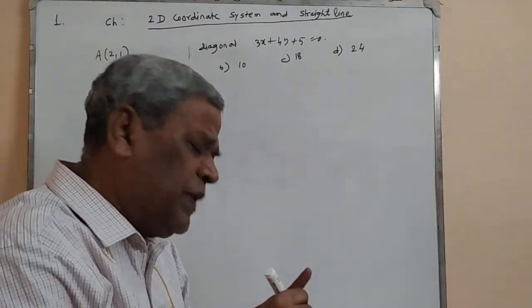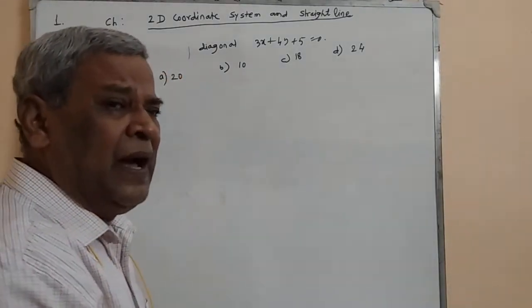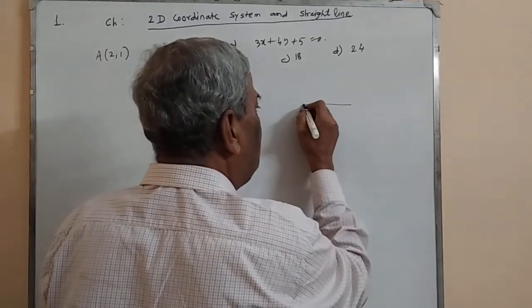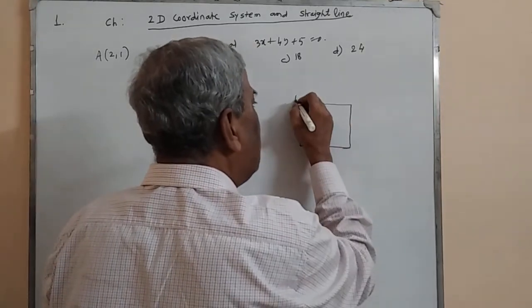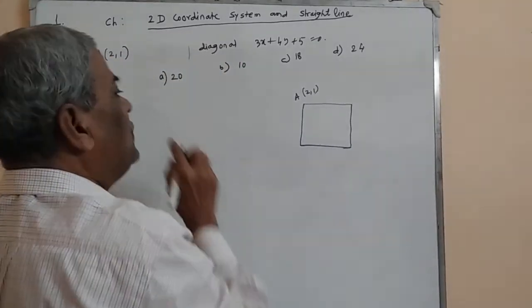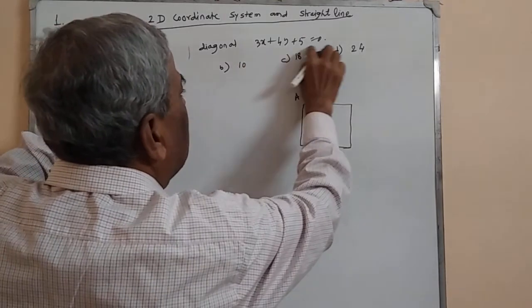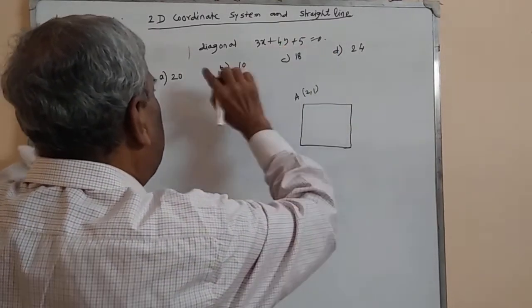Now, so many methods are there to solve the problem. Tactfully, how to solve it? Suppose this is the square. A is the point (2,1). Now you see, this point is not lying on that diagonal because it is not satisfying: 6 plus 4 plus 5 is not equal to 0.